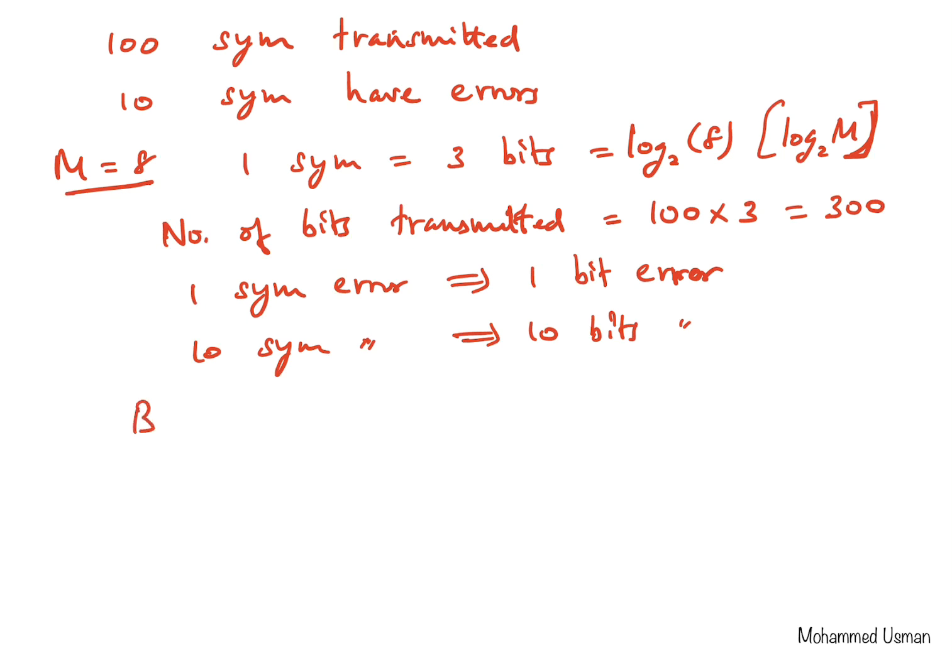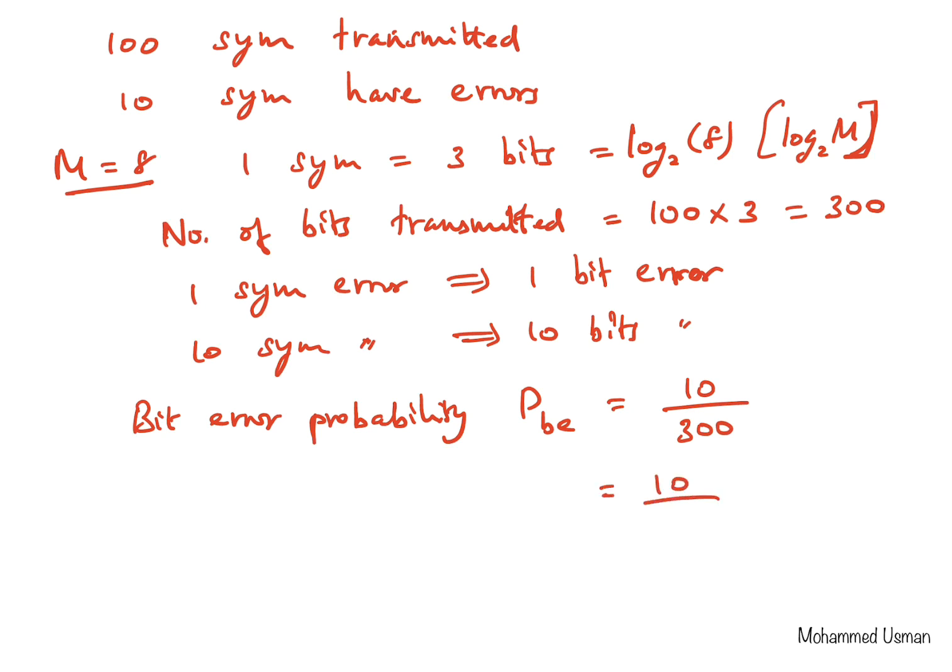So the bit error probability now, which we denote as PBE, is the number of bits in error, which is 10, over the number of bits transmitted, which is 300, which we will simply break down as 10 by 3 into 100, and 10 by 100 is the symbol error probability, so that here is the symbol error probability PE.